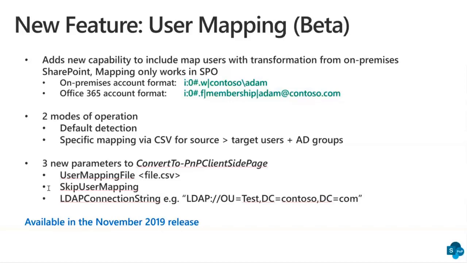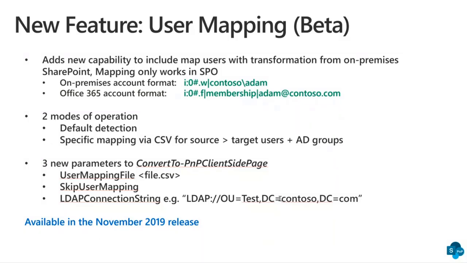We've also got the LDAP connection string option, which allows you to more specifically change the way the tool in default mode queries Active Directory. So for example, if you've got multi-domain scenarios, or you want to resolve users from a different domain, or if you've got a particularly dense Active Directory with lots and lots of user accounts, and you don't want to query the whole thing, you just want to select a subset, you can specify OUs.